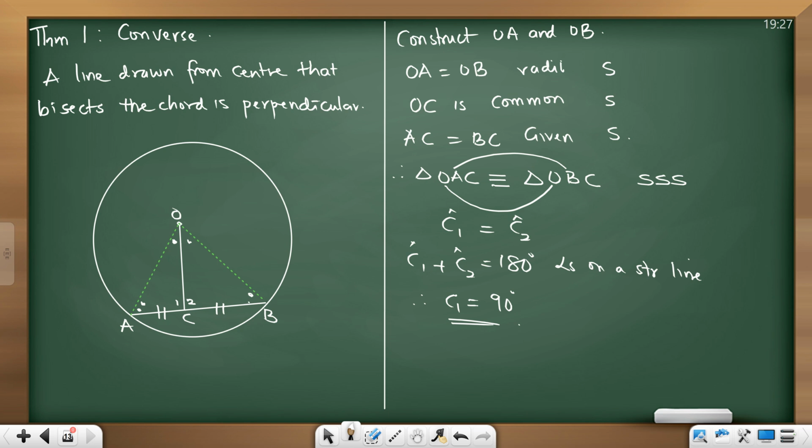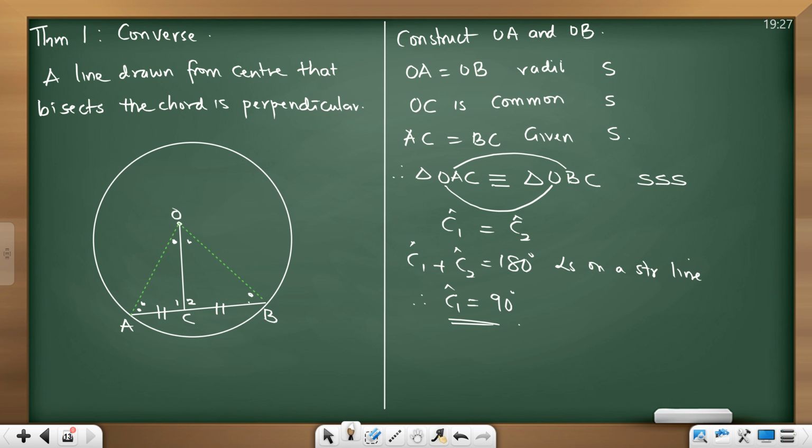So you see it's the same, but now we don't have an angle. We are looking for the angle. The other one, we had an angle and we had to use side angle side. So this is all grade 11.